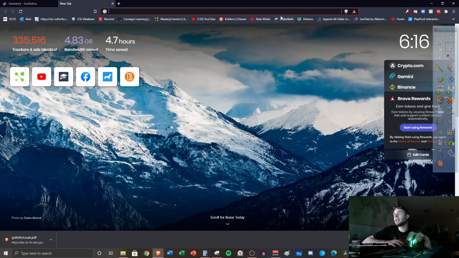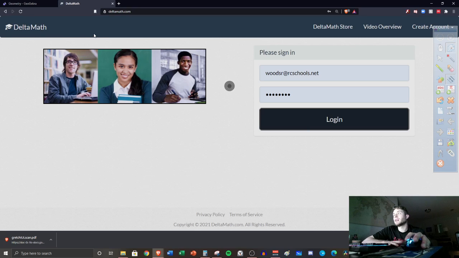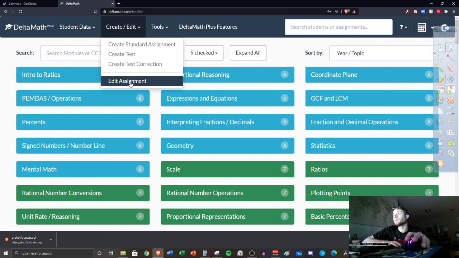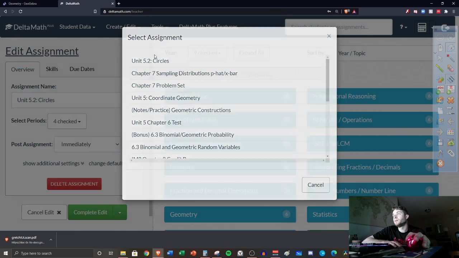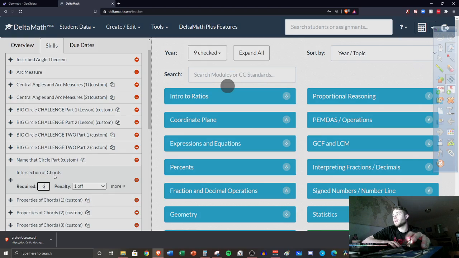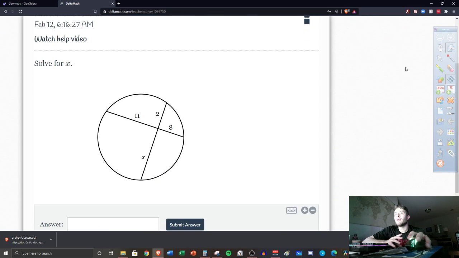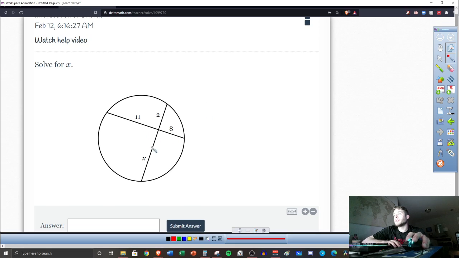Okay, let's go to Delta Math and let's begin by talking about some of the problems on here that you can work now. We'll go to circles, and we're going to go to this right here, intersections of chords. Okay, so here we have the problem where we have these lengths.